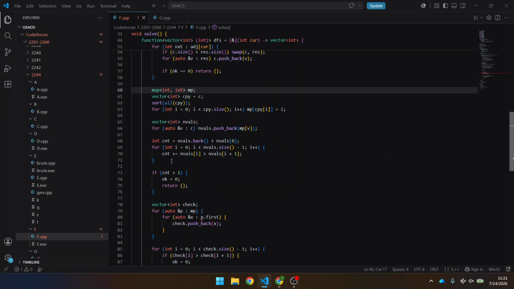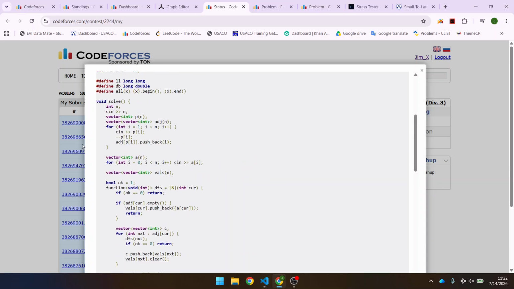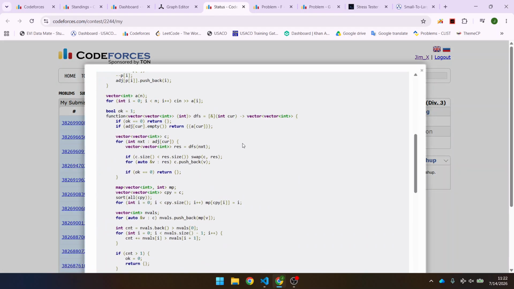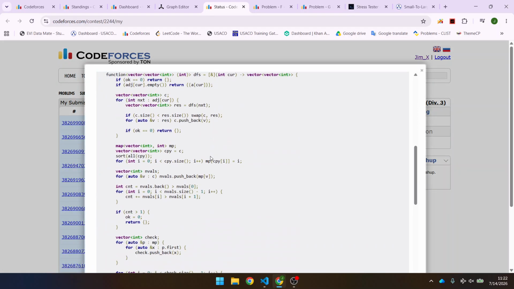Okay, so we can rotate these, right? Yeah, I can rotate these. I don't know why this fails.